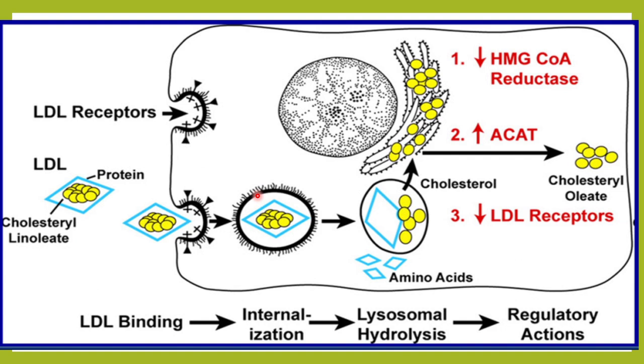So here, the same thing: these are the LDL receptors, and this is the LDL which has protein and the cholesterol inside, which is taken up by the receptors. So there is LDL binding, there is internalization, there is lysosomal hydrolysis, and then there is regulation also for the amount of LDL which enters and the amount of cholesterol which is being produced.